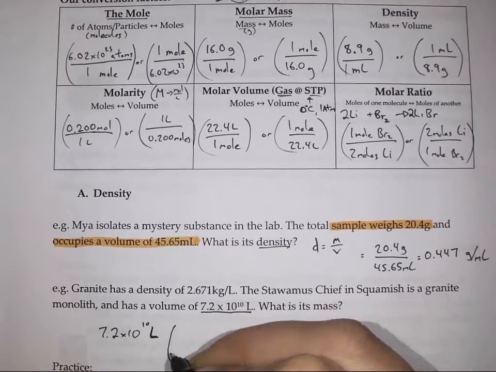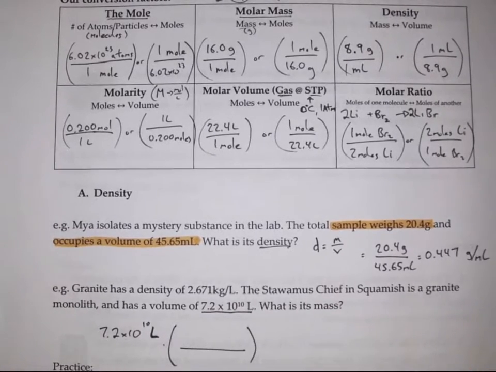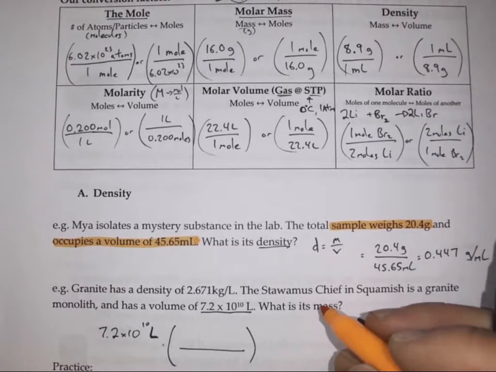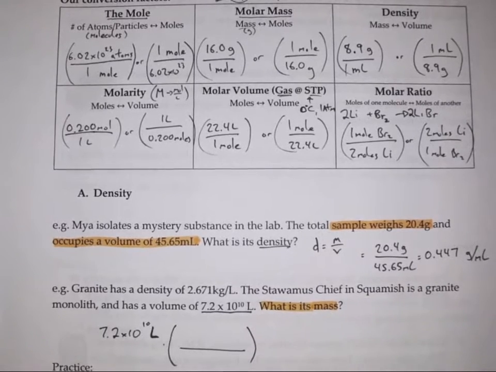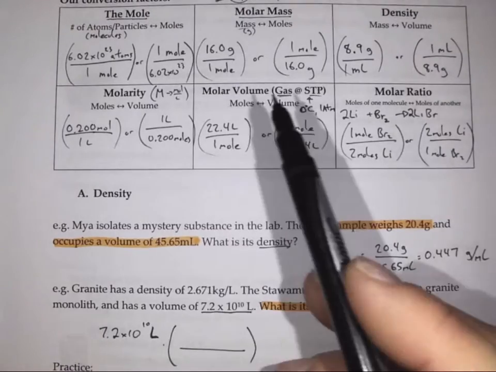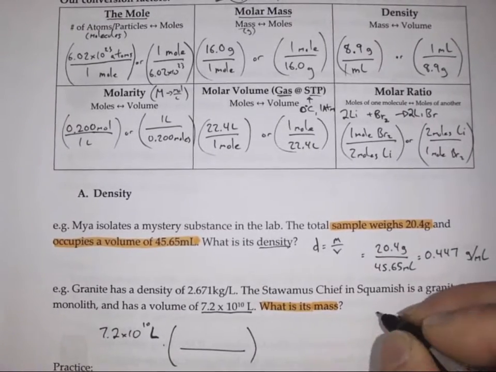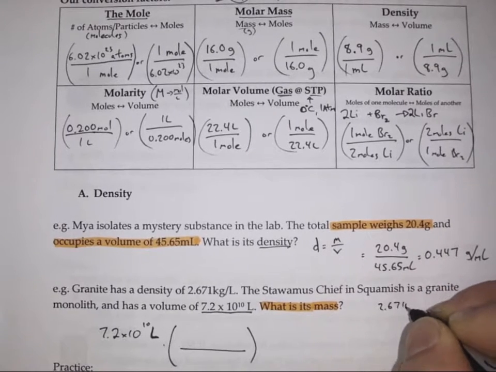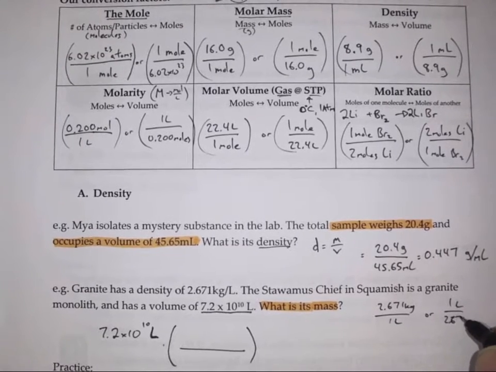All right, and so we need to convert that because we're asked for mass. We need to somehow turn our unit of volume into a unit of mass. To do that, we're going to use a density, and that's a conversion factor, as we covered earlier. And so we can choose whether to arrange it as 2.671 kilograms for every liter, or 1 liter for every 2.671 kilograms.